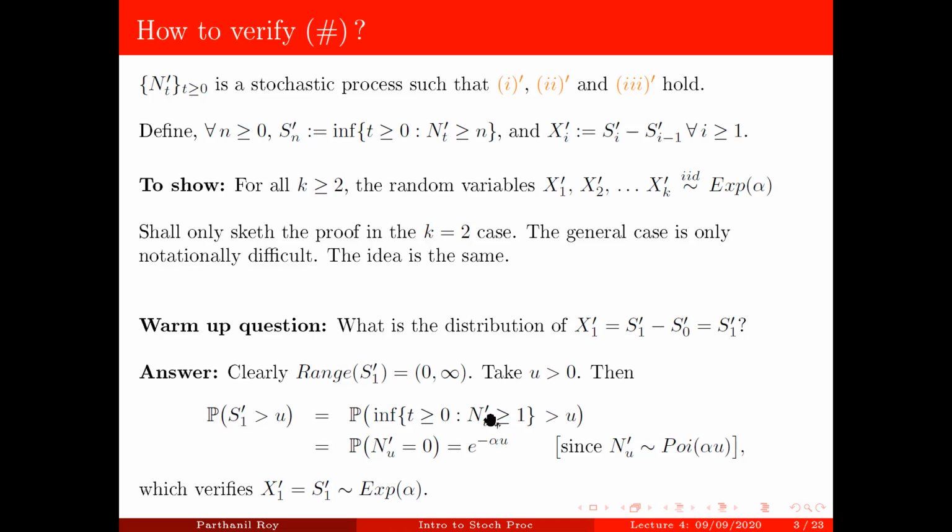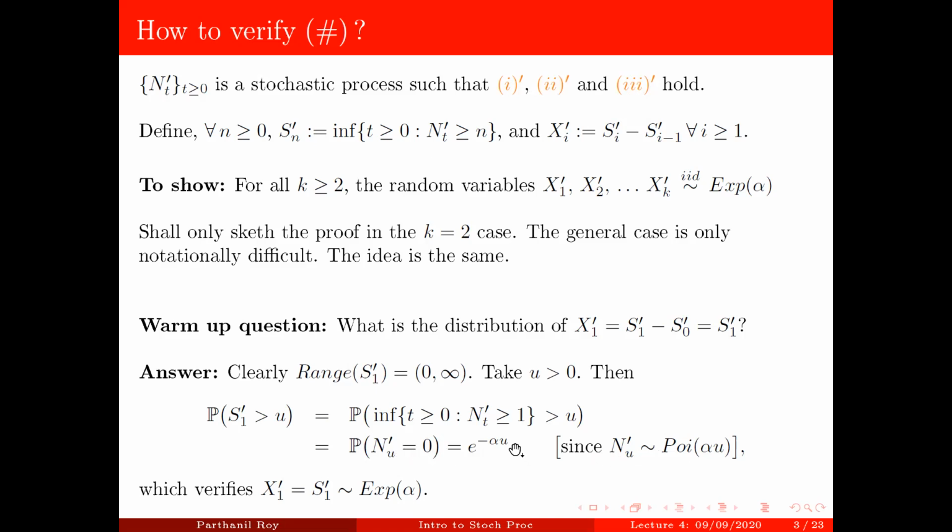So the first time N(t) dash becomes 1 or more is definitely after u, which means at the point u, the N dash process is definitely not 1 yet or more. So therefore it has to be 0 because it starts at 0. These two are the same events, so they have the same probabilities. And also N dash u being a Poisson with parameter alpha u, which comes from the properties 2 dash and 3 dash combined, we get that this is e to the power minus alpha u.